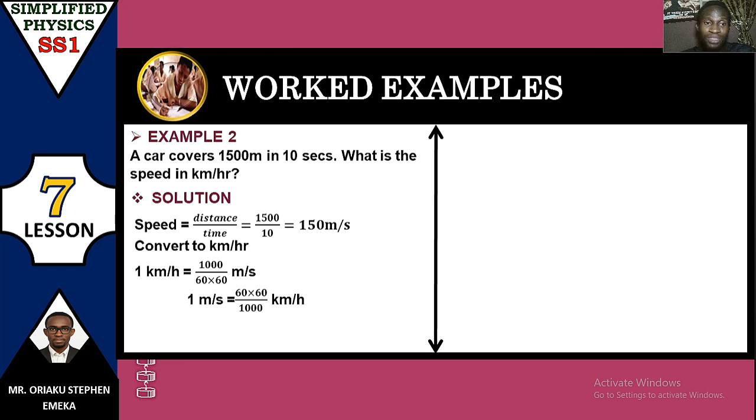The 1 is multiplied by the denominator, 60 times 60, then we divide both sides by 1000. So 150 meter per second is 150 times 60 times 60 over 1000, and this gives us 540 kilometer per hour.